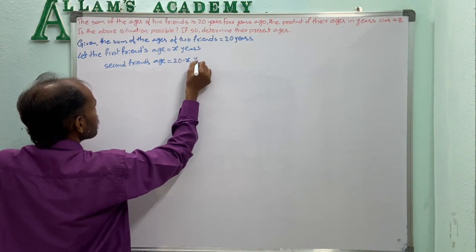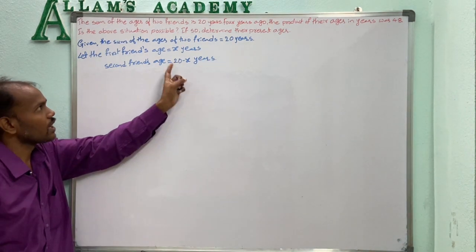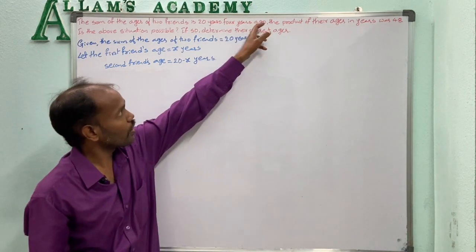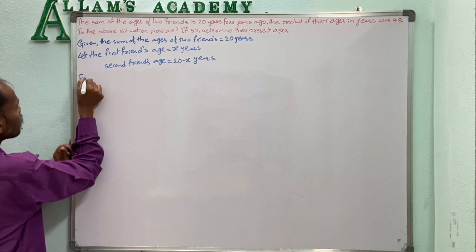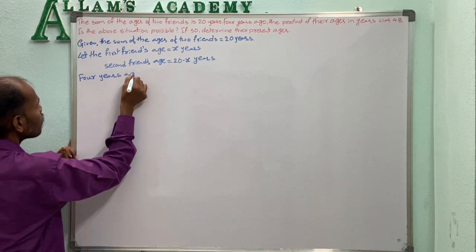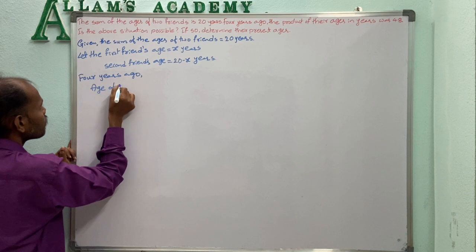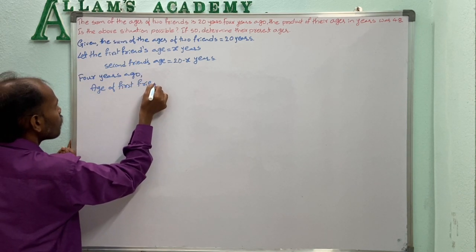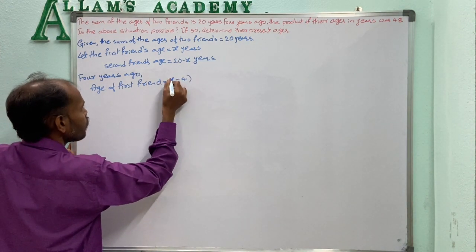Because both friends' sum of ages is 20, given, that means 20 minus x. Now here given 4 years ago. So 4 years ago, the age of the first friend, that means before, is x minus 4 years.